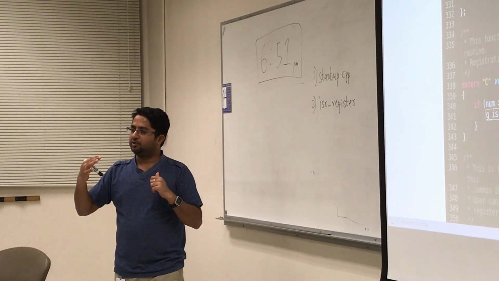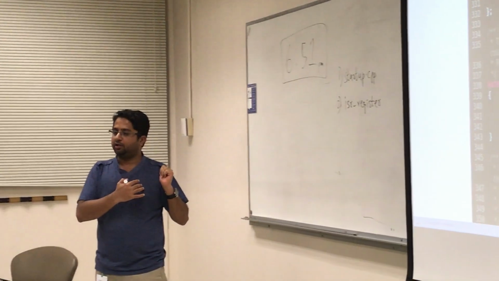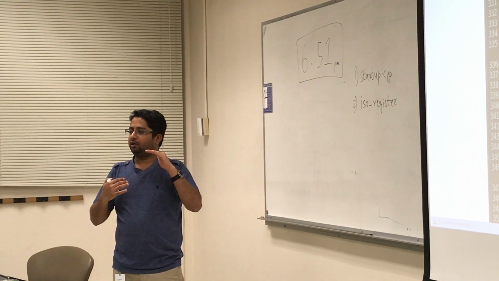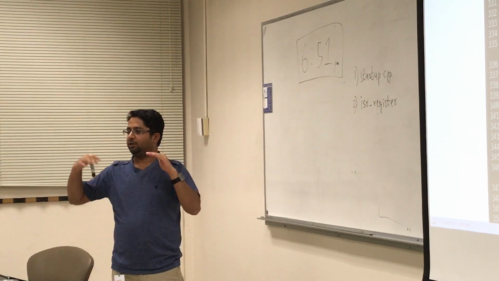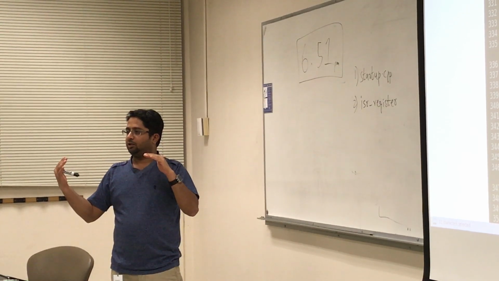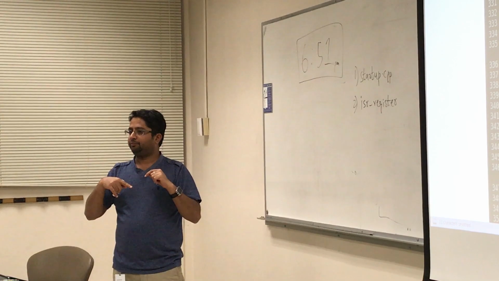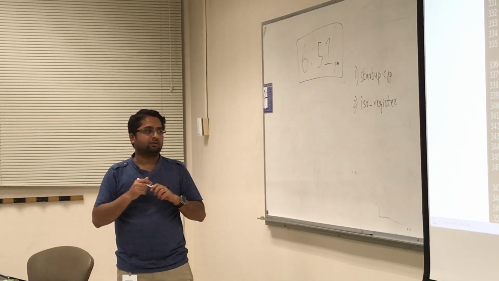What happens then is, it's going to take your interrupt and keep it in the queue, and whenever there is an interrupt that matches your registered interrupt, it's going to address that. And this is the second way of doing things.